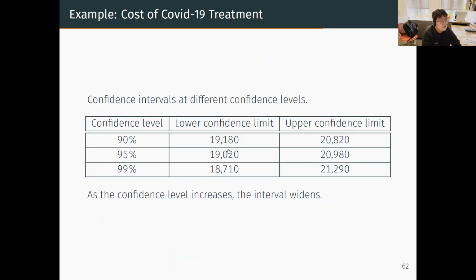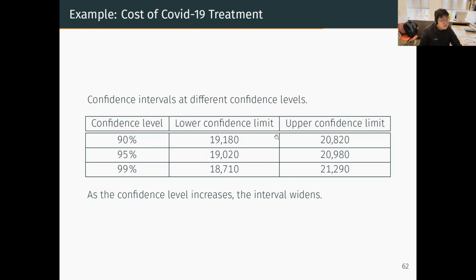So for comparison, in this numerical example, depending on the confidence level, you can see how the confidence interval changes. The lower confidence limit decreases because your interval should widen out. The lower limit must be even lower, and the upper limit must be even higher as the confidence level increases, right?